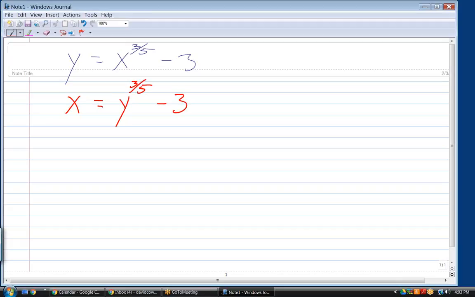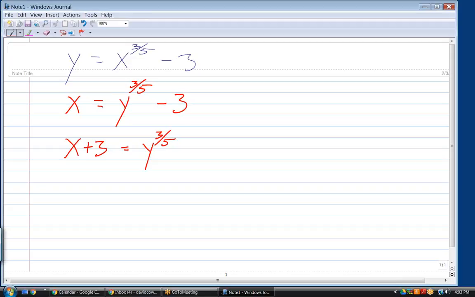With that goal, what's my next line? It would be just x plus 3 is equal to y to 3/5. Now, how do I make that just y? Don't you have to take the log of it?